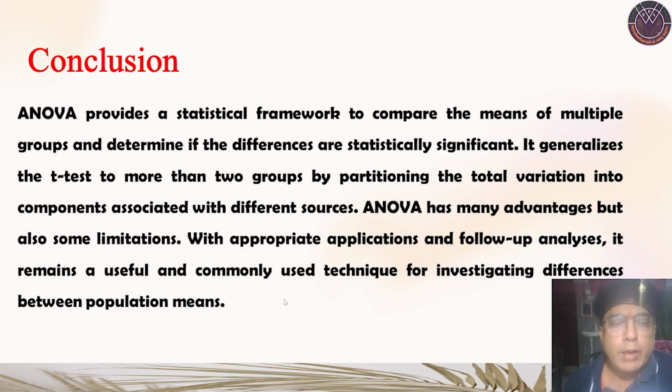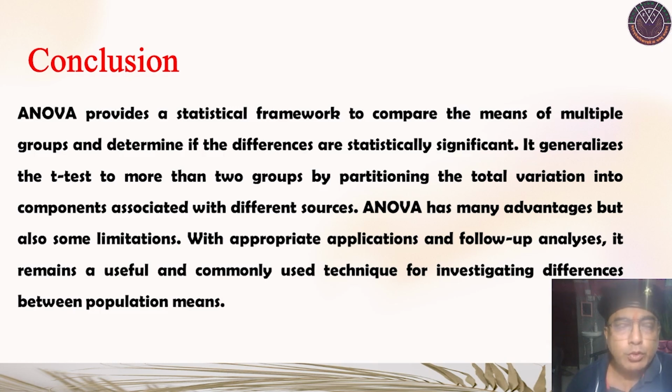So ANOVA provides a statistical framework to compare the means of multiple groups and determine if the differences are statistically significant. It generalizes the t-test to more than two groups by partitioning the total variation into components associated with different sources. ANOVA has many advantages but also some limitations. With appropriate application and follow-up analysis, you can go for post hoc test, which you can do using SPSS, so that you can see the actual difference where it is occurring.